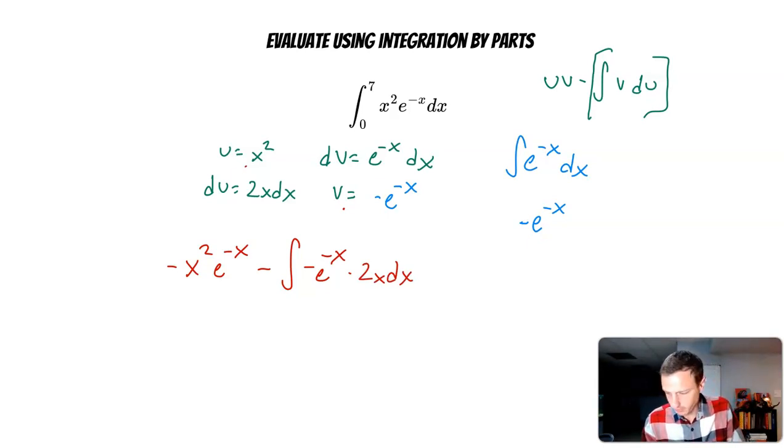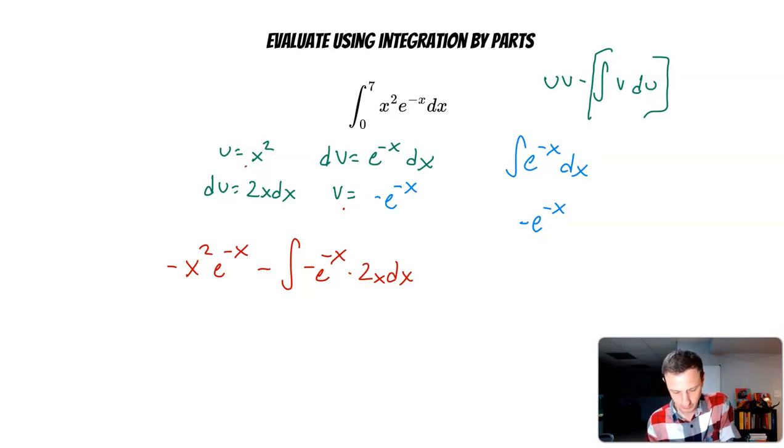So now let's rewrite this. Two things I could do here. First, this minus sign here could come out. This is going to become a plus, which I'll change. This 2 can also come out.